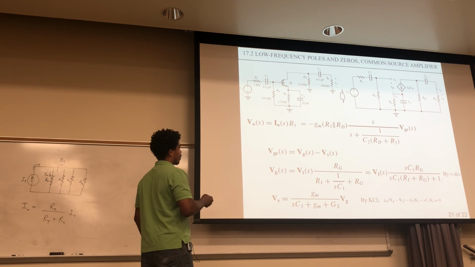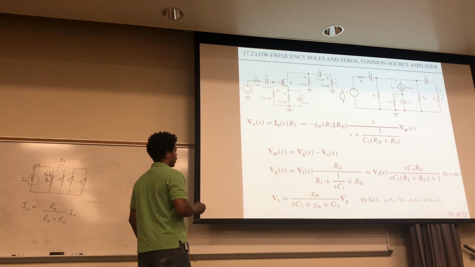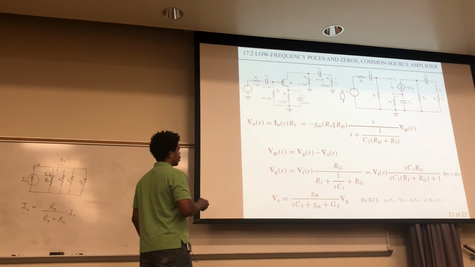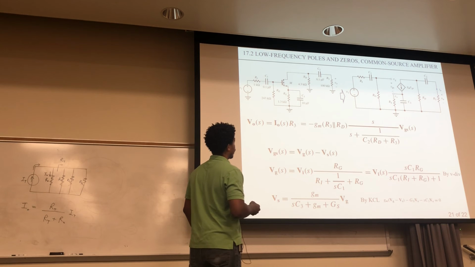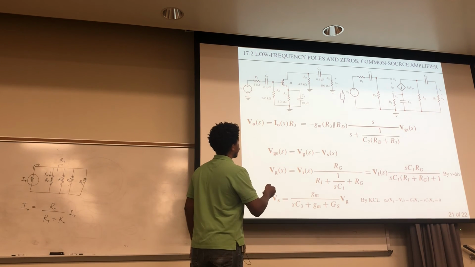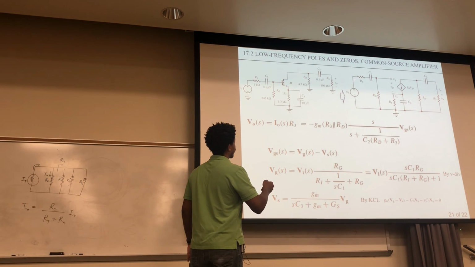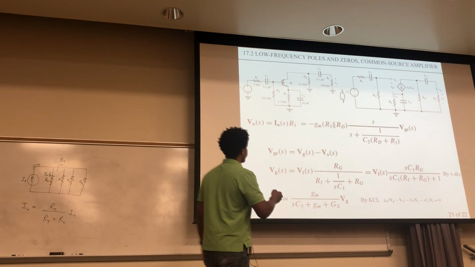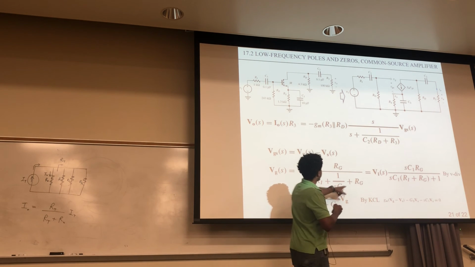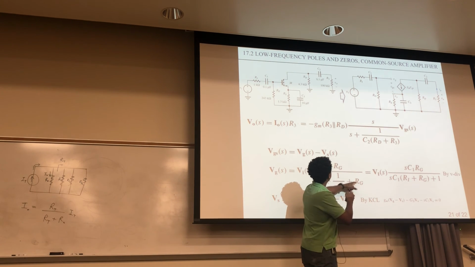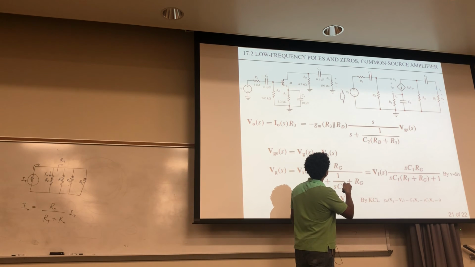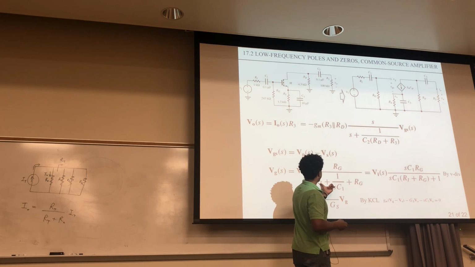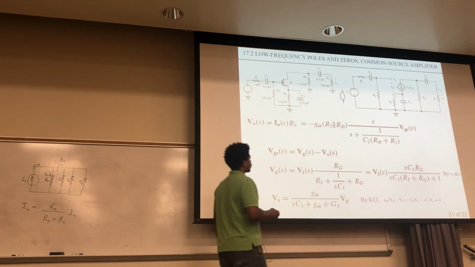Okay, so we're going to find both of these. This VG can be found by voltage division. That's this right here, so it's this resistance divided by both of these. That's where you get your VG. And R1 and C1, that's this contribution right there.